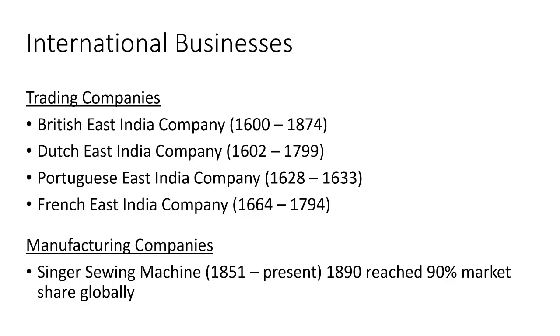In the United States, the Singer Sewing Machine Company is one of the first international businesses, truly international businesses. Started in 1851, as the name implies, as a sewing machine company, but by 1890, it controlled 90% of the sewing machine market internationally.